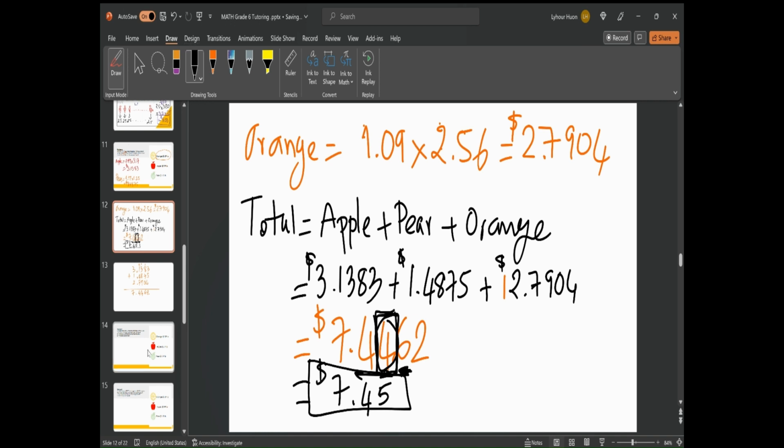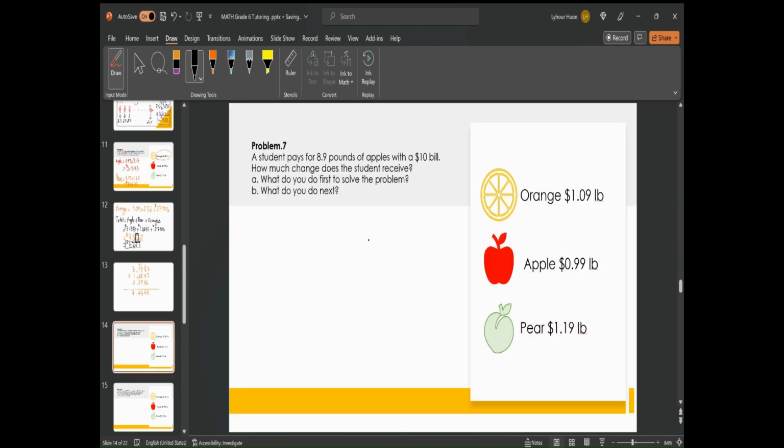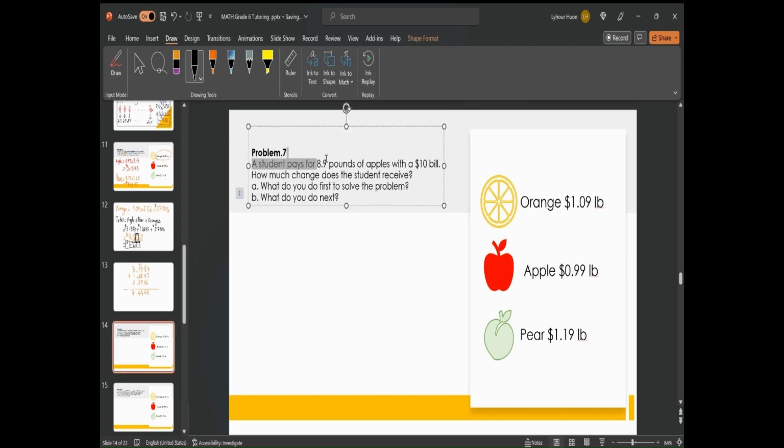Okay, so next. A student pays for 8.9 pounds of apple with a $10 bill. How much change did the student receive?